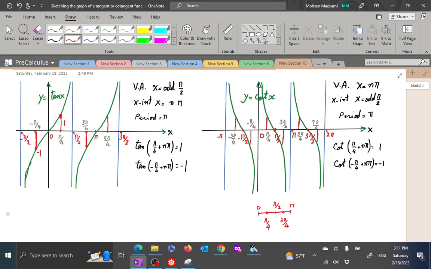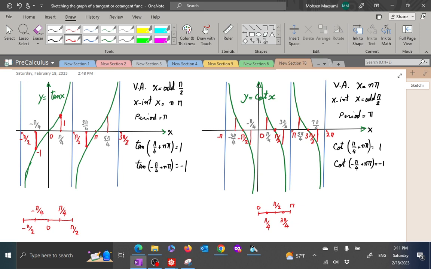Similar thing for tangent, except that if you want to stay between the two asymptotes, we are going to go from minus pi over 2 to pi over 2. The crossover is at 0, and our halfway points are, for example, minus pi over 4 and pi over 4.